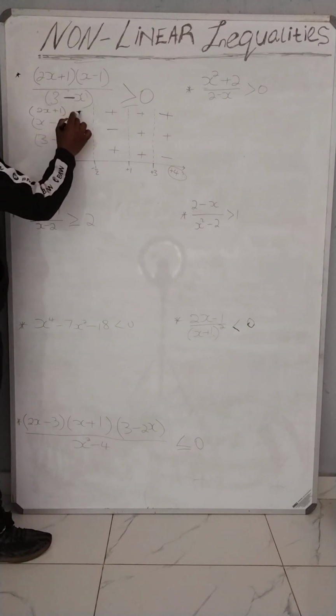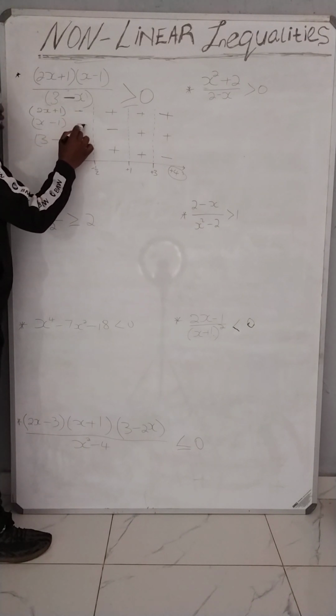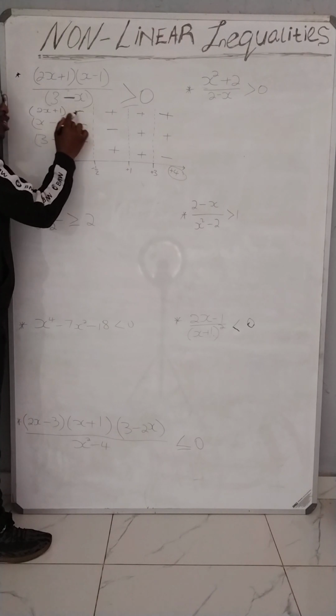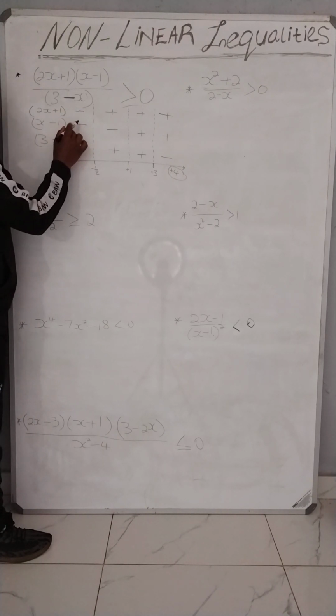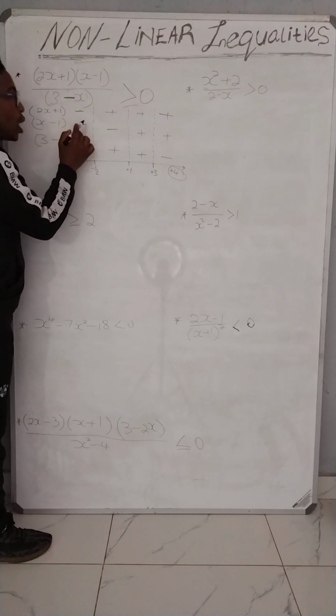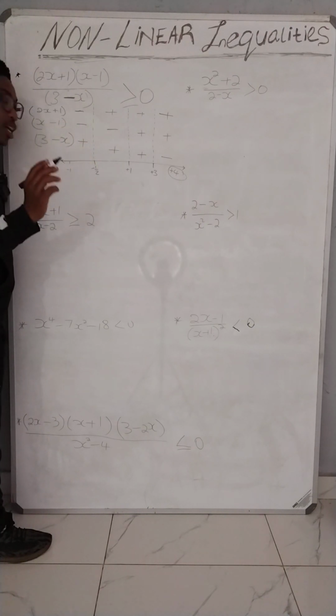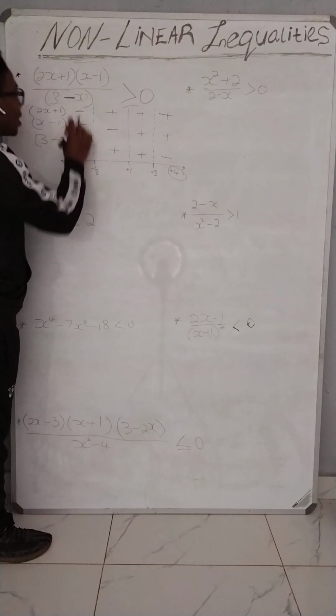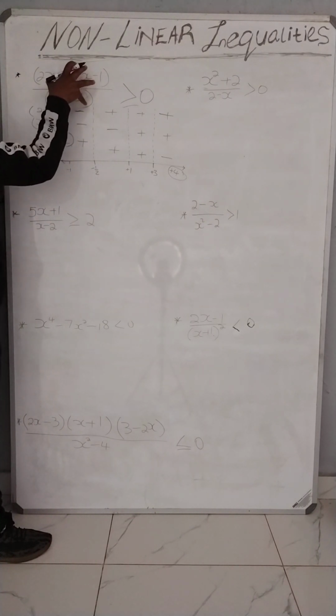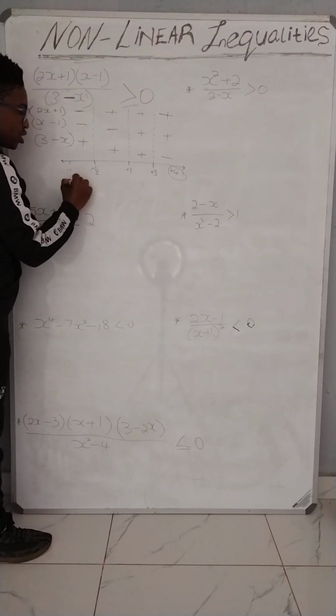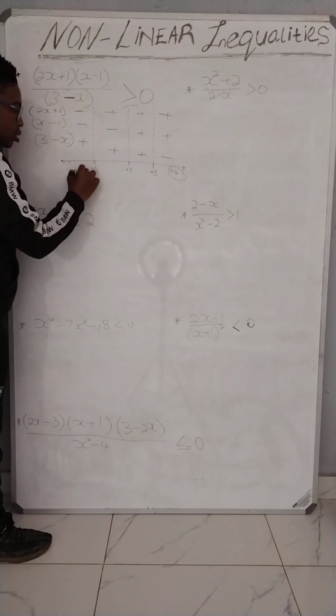So you have a positive times positive. You have negative times negative. It's going to give you a positive. A positive divided by a positive is a positive.